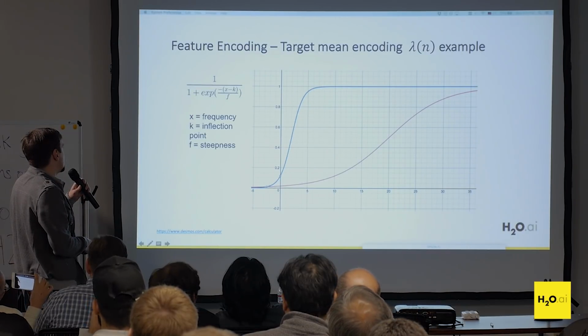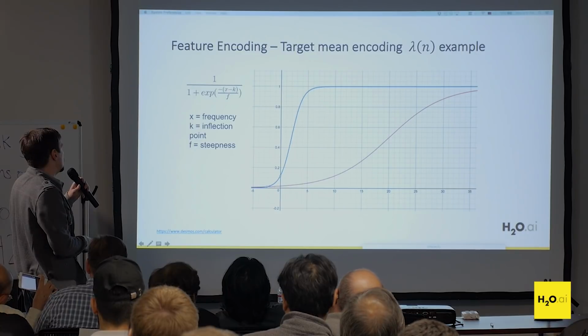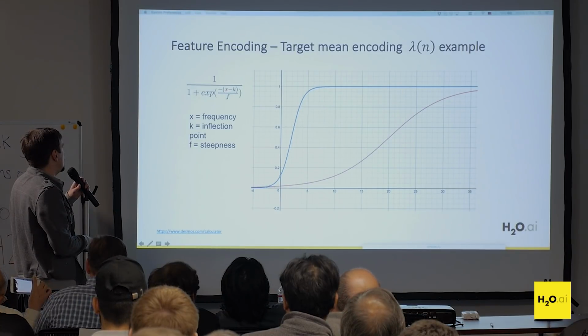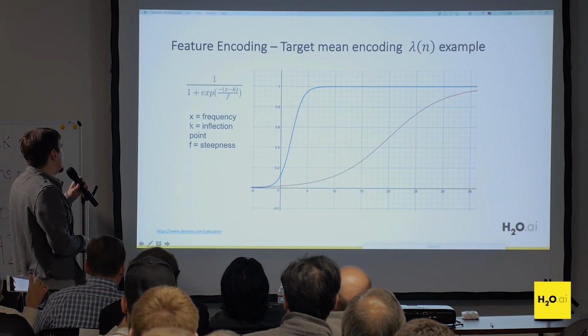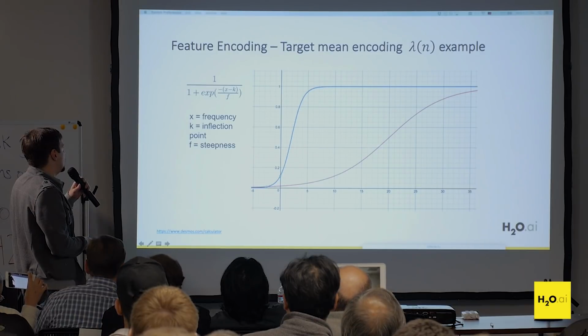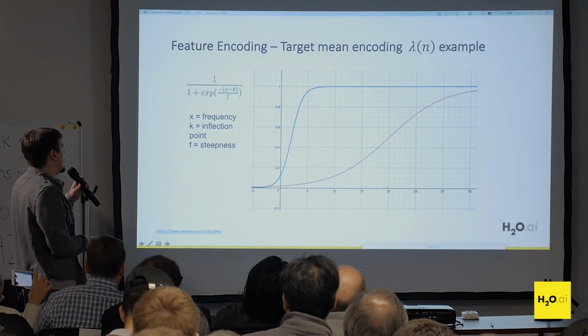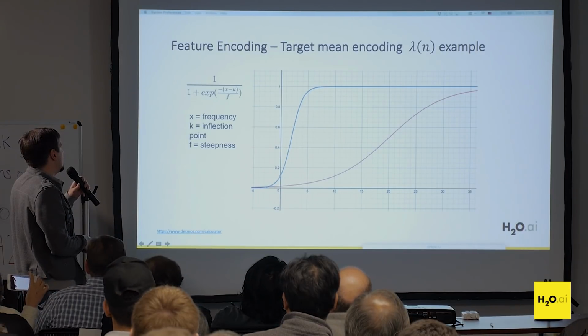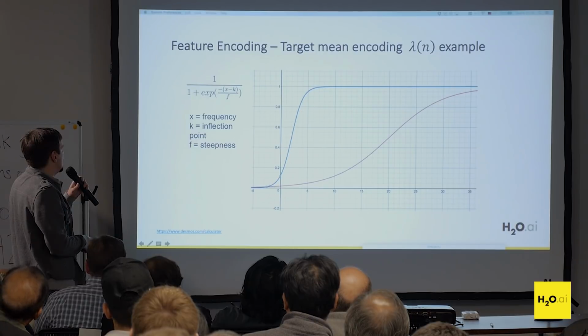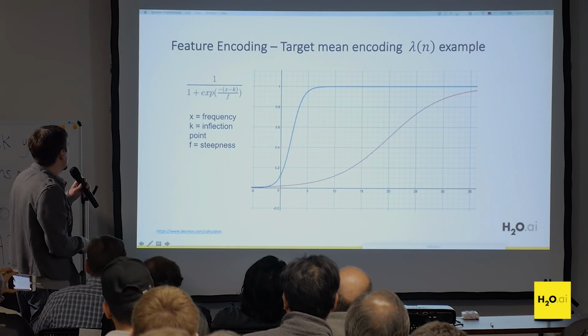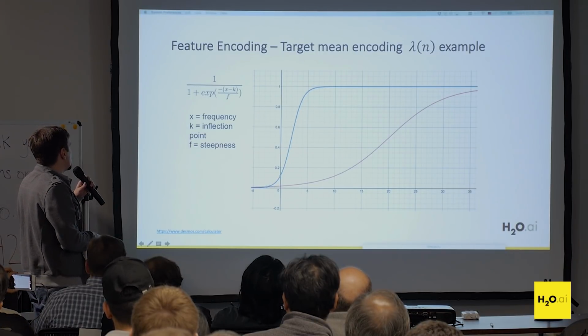So basically, x here is a frequency, how often you have your category level in your data set. k is an inflection point. That's basically the point where lambda equals 0.5. In case of the red line, it is equal to 20. In case of the blue line, k equals 2. And f controls your steepness.